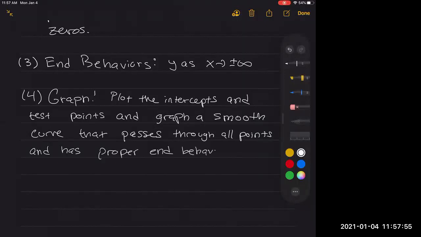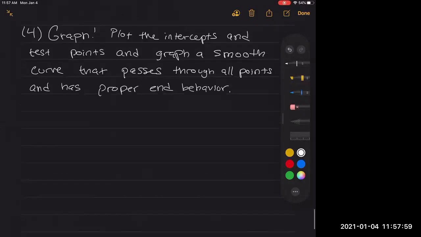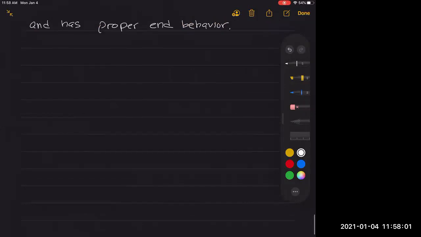All right, so let's do an example of how to graph a function. All right, I'm going to start with an already factored function just to make things a little easier for us.